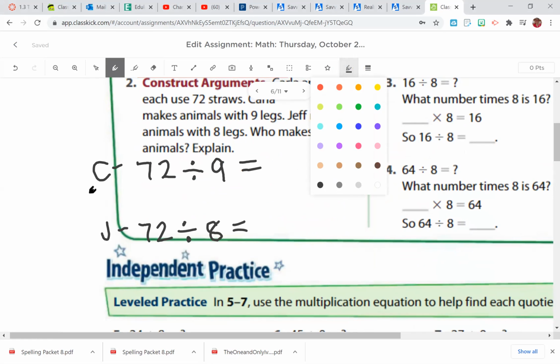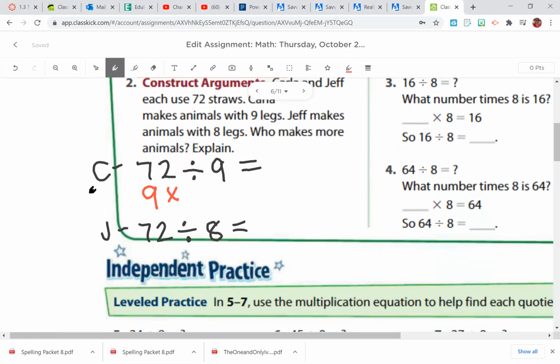Now remember, we can use multiplication to help us solve our division problems. My largest number goes in the product. Same for the following one. Now, 9 times what equals 72?